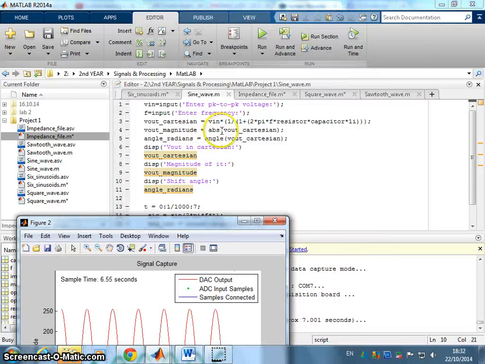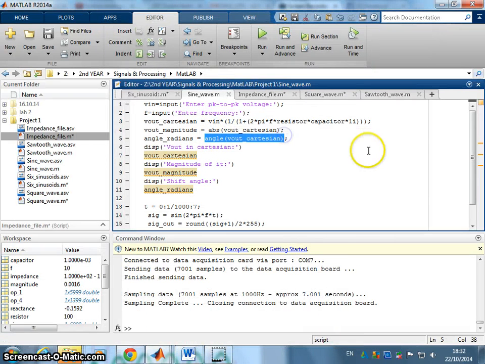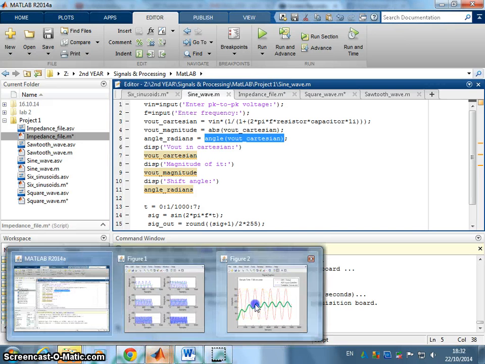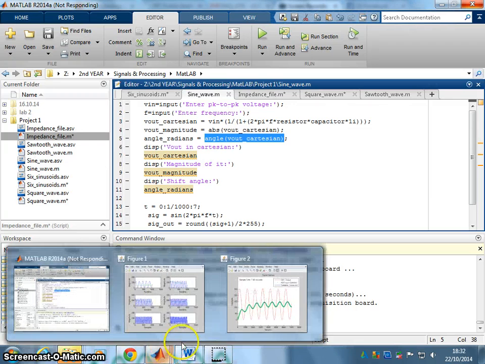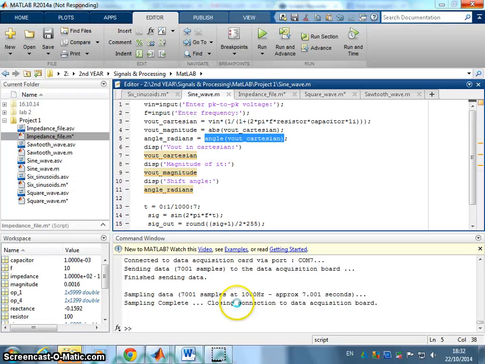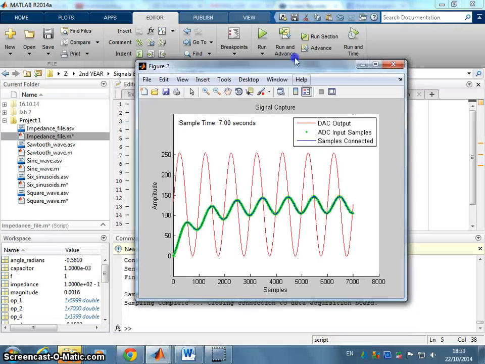Okay. Angle of V out Cartesian. MATLAB not responding.